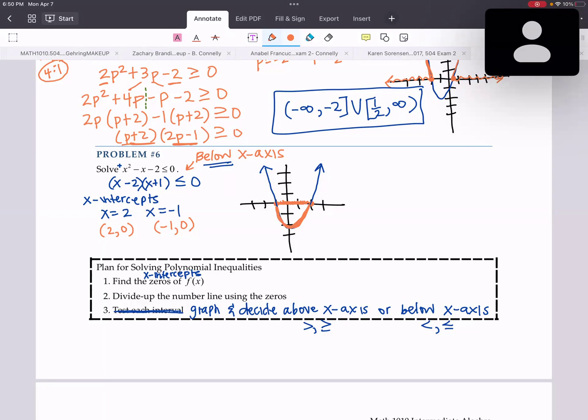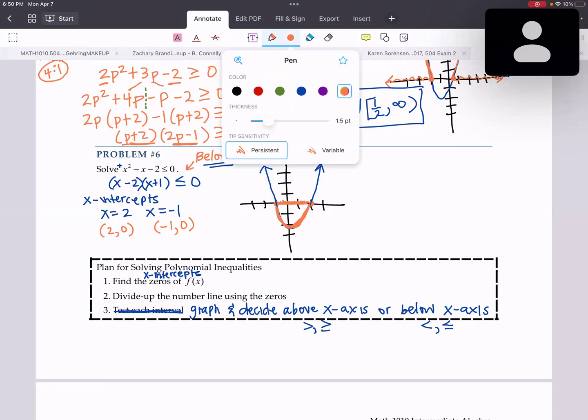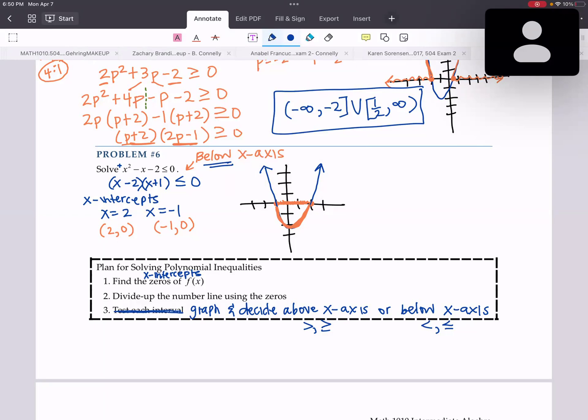Actually, that kind of looks like a funny looking smile there. All right, so if I want the stuff between here and here, and I include the endpoints, because it has the equal to part, it'll be bracket, negative 1, comma 2, and then bracket. So everything between negative 1 and positive 2 would be our answer.